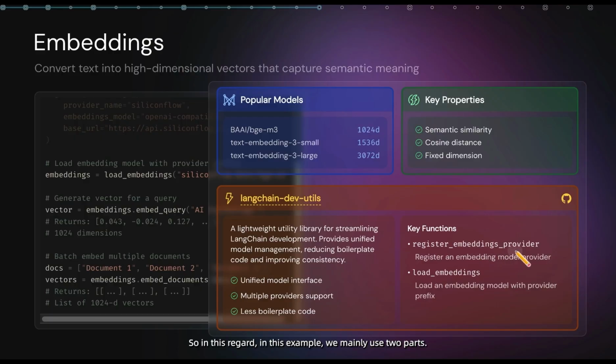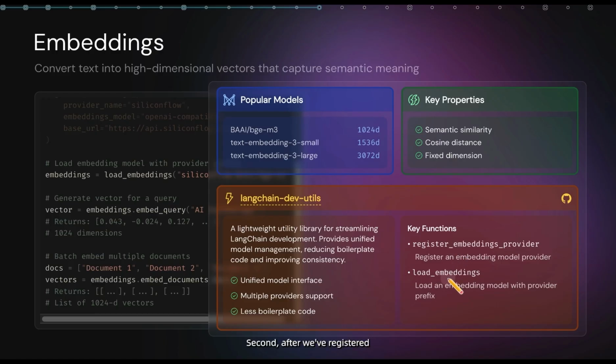So in this example, we mainly use two parts. One is to first register an embedding provider, because in the LangChain ecosystem, the main model providers it supports are mostly overseas vendors, and the support for domestic providers is not very strong. So by using this method, we can quickly bind our provider's URL and associate it with a specific prefix. This way, we can very conveniently, just like we saw earlier with Silicon Flow, then a colon and then a model name, use this format to quickly load your model.